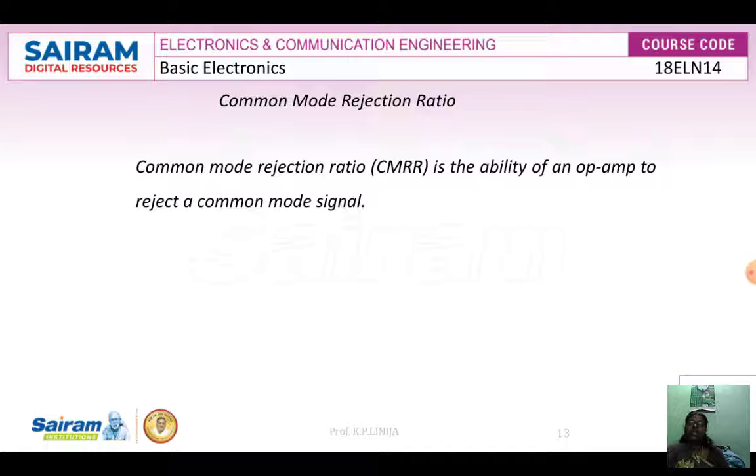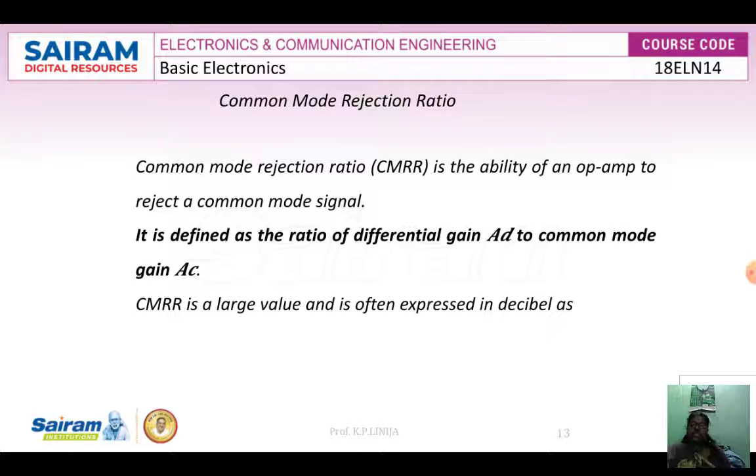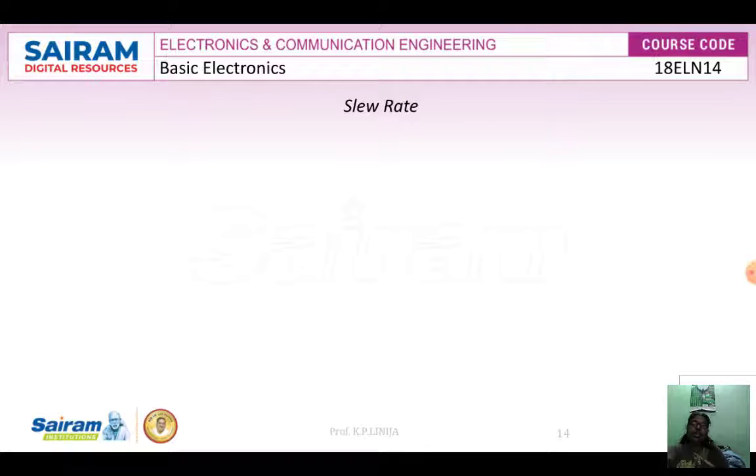So it can be expressed as CMRR is equal to AD by AC, where AD is the differential gain and AC is the common mode gain. It is often expressed in terms of decibel, and in decibel the CMRR can be written as 20 log of AD by AC.